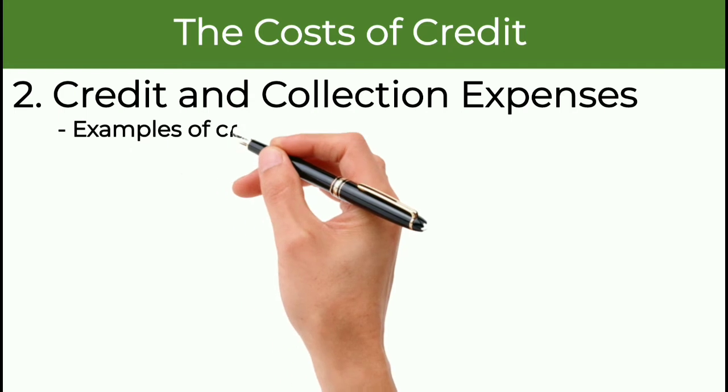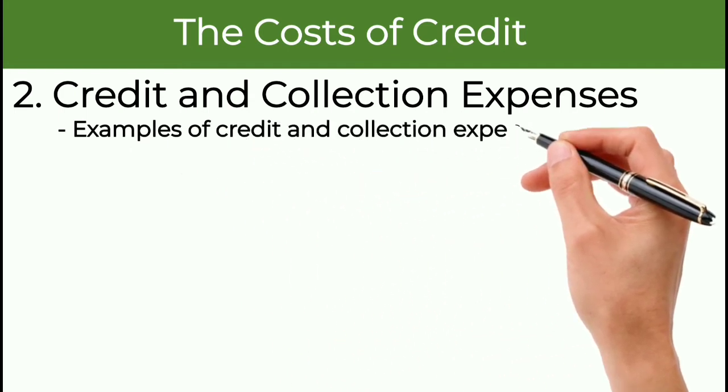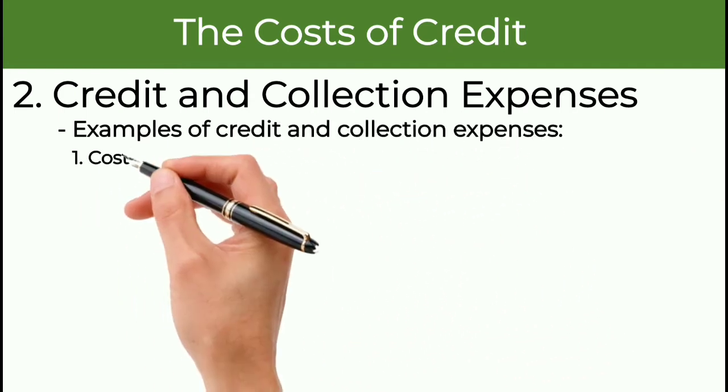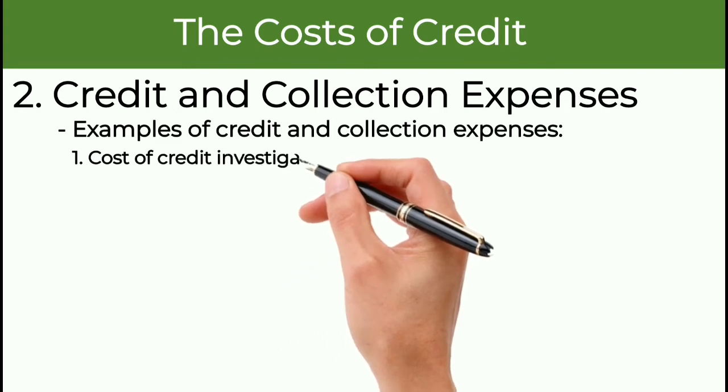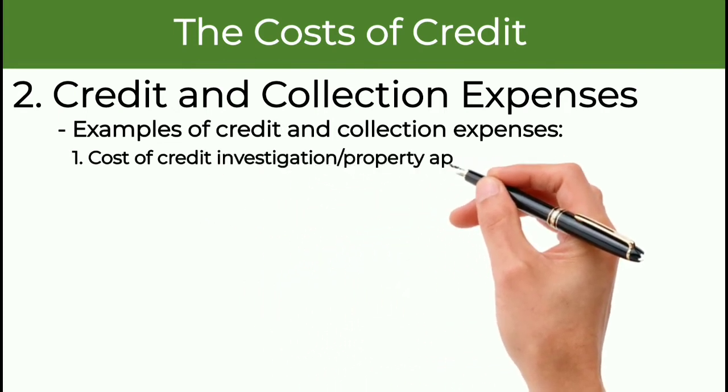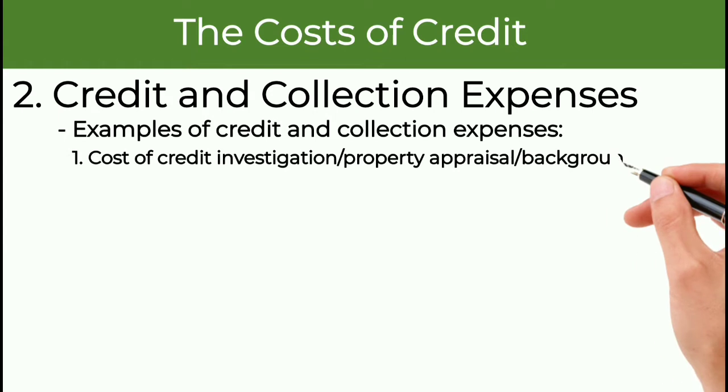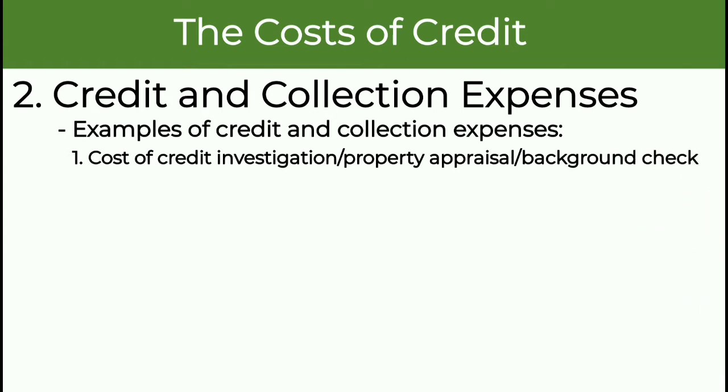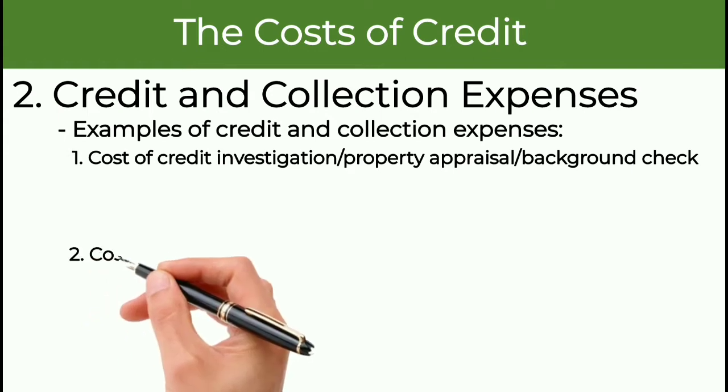Ano ba yung mga typical examples ng credit and collection expenses? First, cost of credit investigation or property appraisal or background check. Second, cost of recording and monitoring receivables. And third, cost of collection.